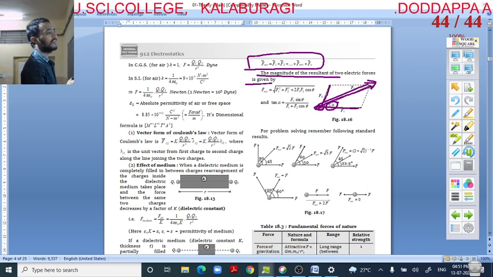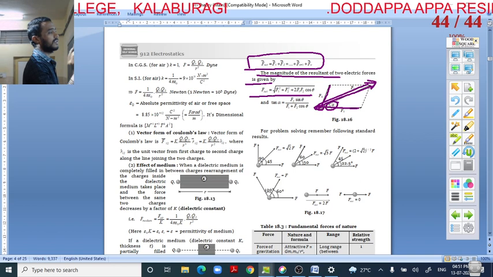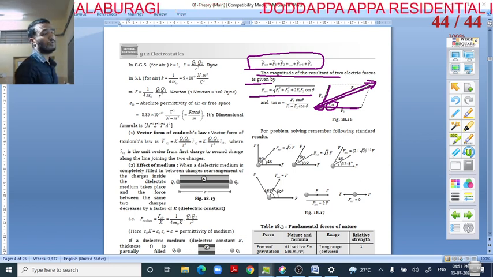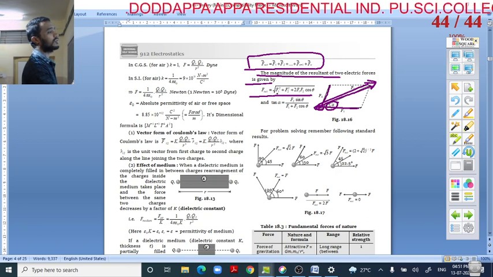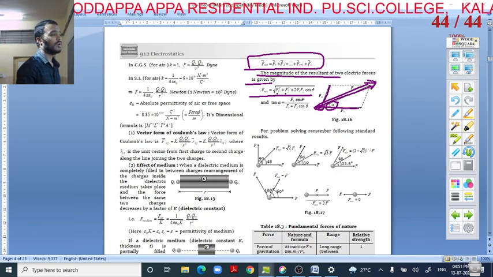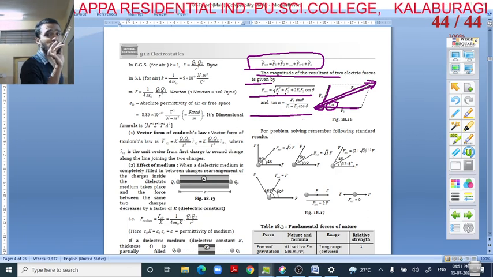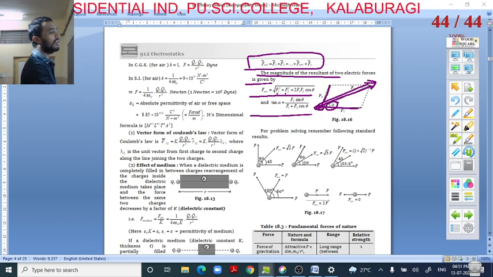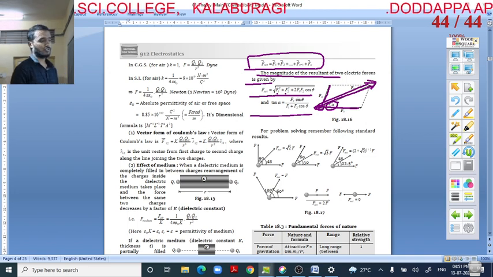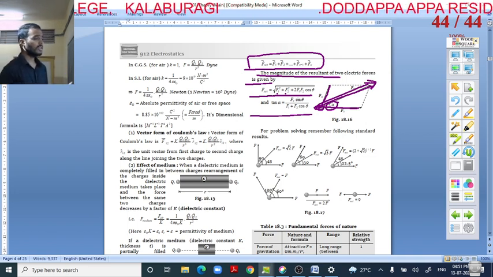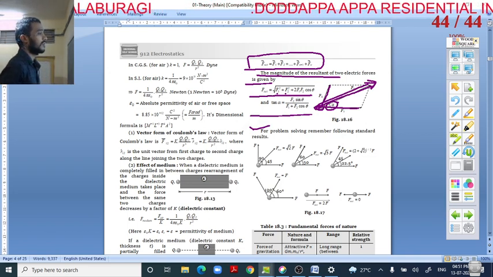By deriving the expression, we get: the net force F is equal to the square root of F1 square plus F2 square plus 2 F1 F2 cos theta. To find the direction of the resultant force, tan alpha is equal to F2 sin theta divided by F1 plus F2 cos theta.